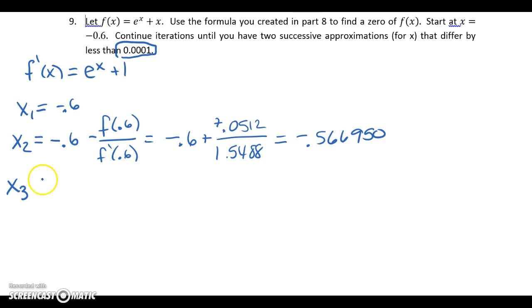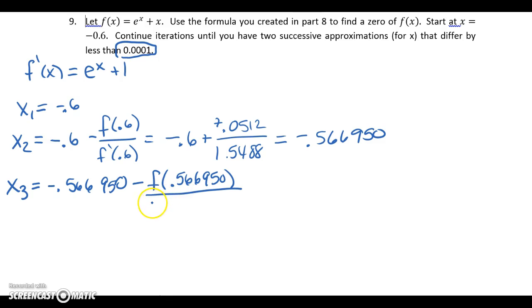So when I find x3, we take the previous iterated value of negative 0.566950, and we subtract from that f of negative 0.566950, and then we divide that by f prime of negative 0.566950.